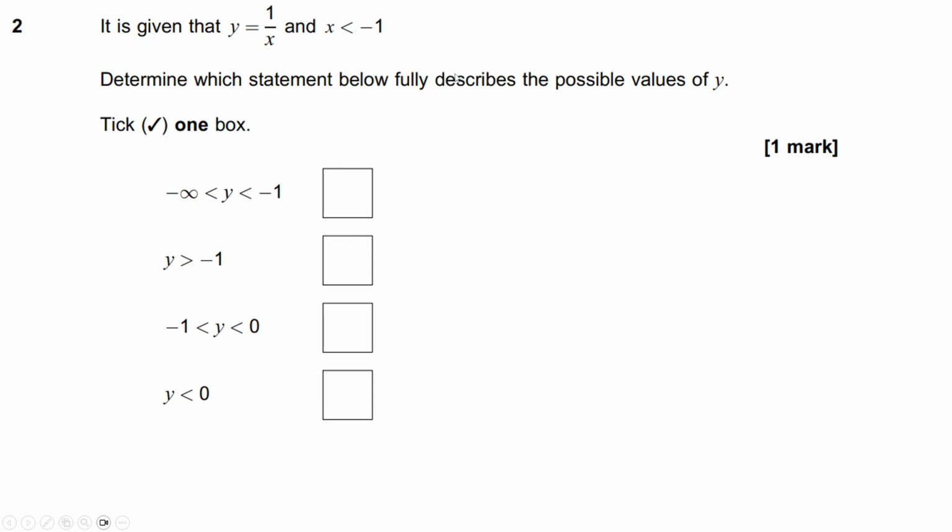You get given this and that. Determine which statement below fully describes the possible values of y. You can just go through them and then just see which one's likely. First of all, the first one's just definitely not correct. If x is going to be less than -1, so you'll get -50. 1 over -50 is not going to give you a number that's like -700 or -7 trillion or just whatever.